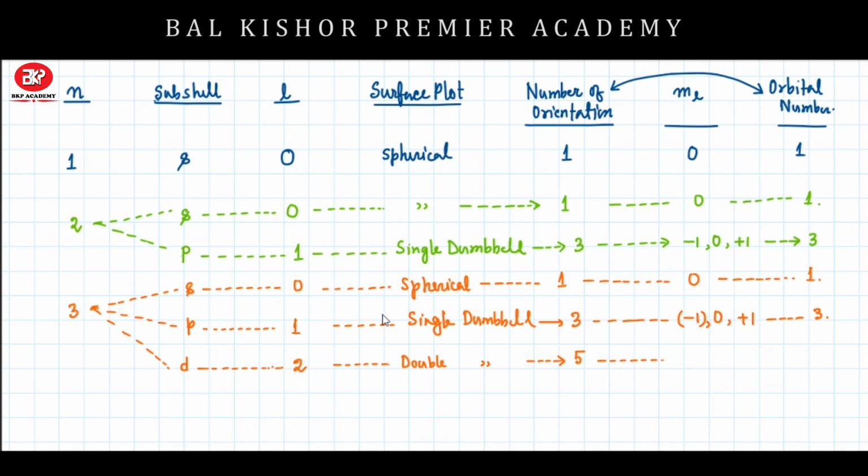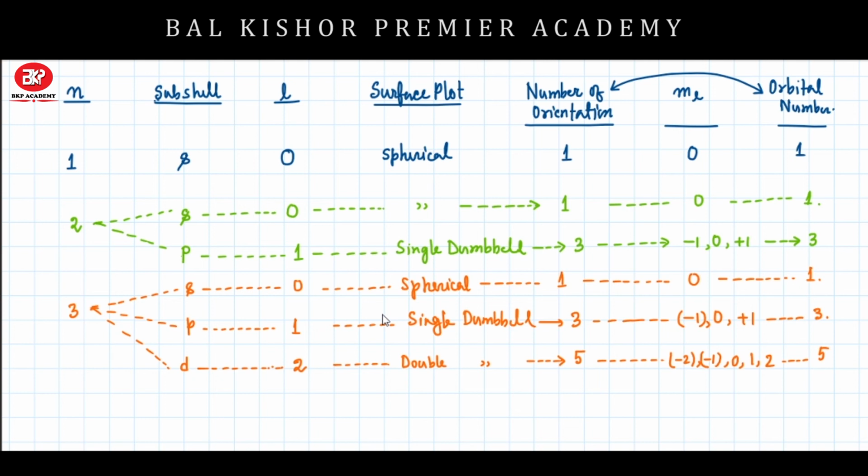That's why the total number of orbitals inside the D subshell will be 5 and the ml values will be -2, -1, 0, 1 and 2. So these are the different energy levels. I am not going to n equals 4, but we can also draw that.